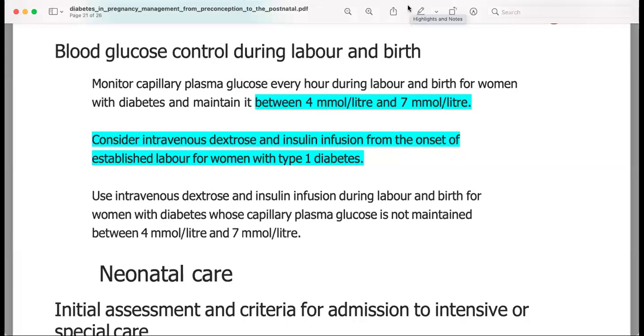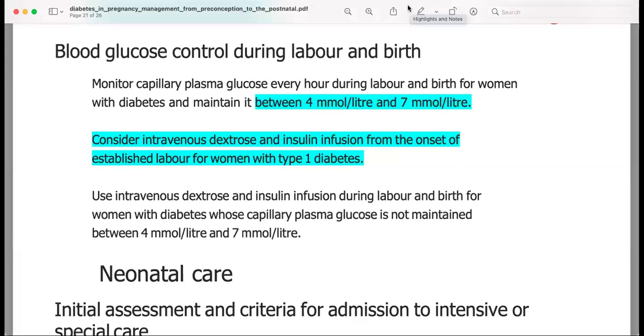Okay, dear friends. This was a nice guideline on the management of diabetes, and the most important point in the control of diabetic level comes, as I told you, preconception, antenatal, during labor. They ask you these questions. They even sometimes ask you about the postnatal follow-up.